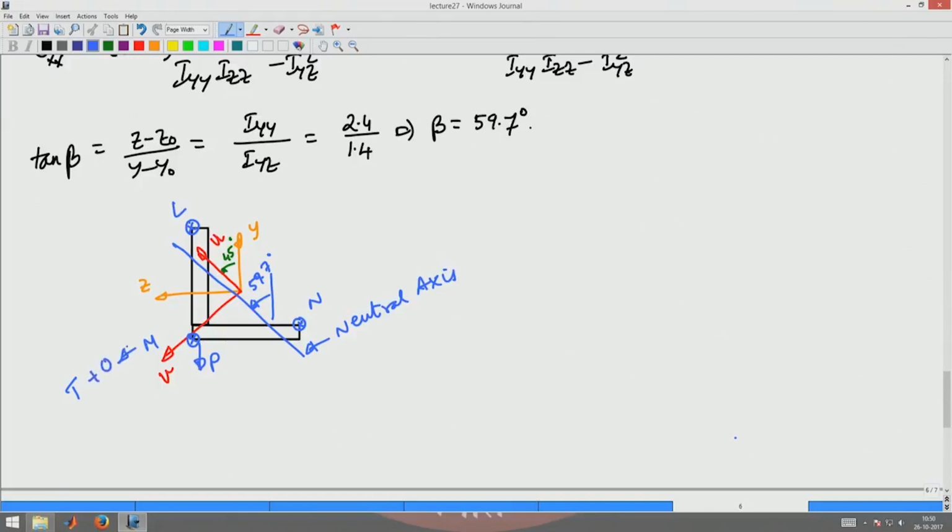Similarly at L, the load acting along the principal direction V will produce compression.